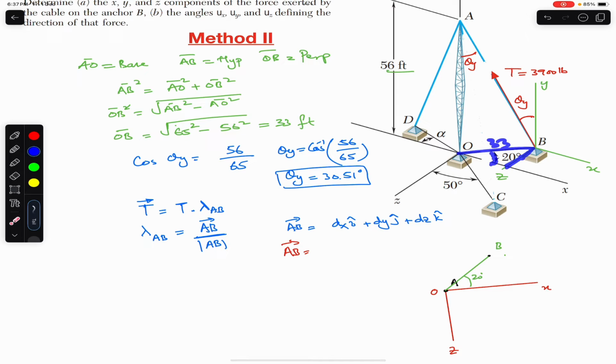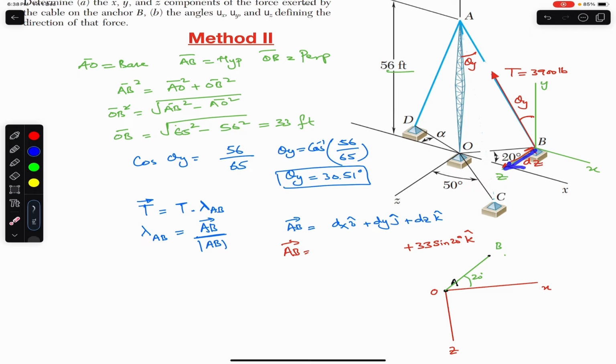So 33 sine of 20 degrees is the distance traveled from B in the z direction towards point A. So dz is 33 sine of 20 degrees, and this is in the positive z direction.